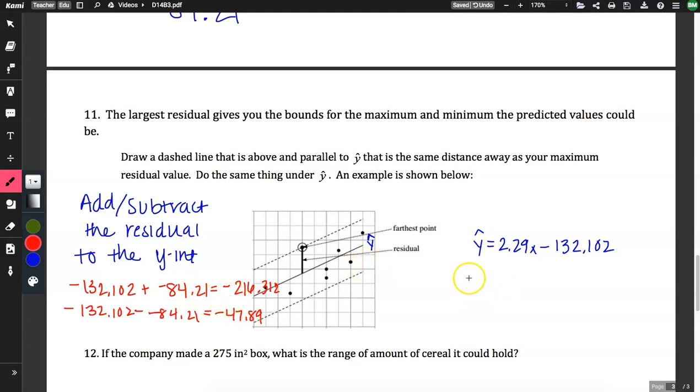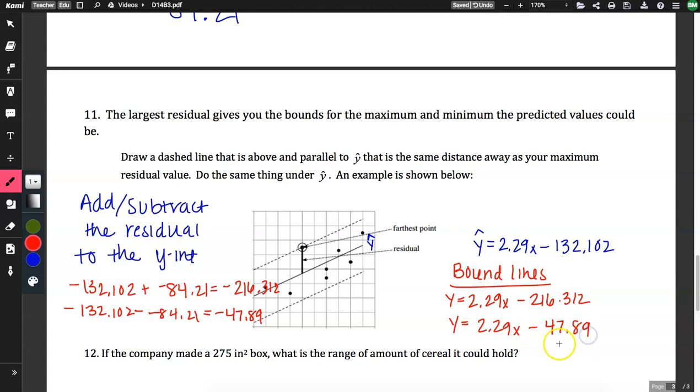So our bound lines are going to be y equals 2.29x, the same exact slope, minus 216.312, and y equals 2.29x minus 47.89. In this picture, y hat's in the middle.